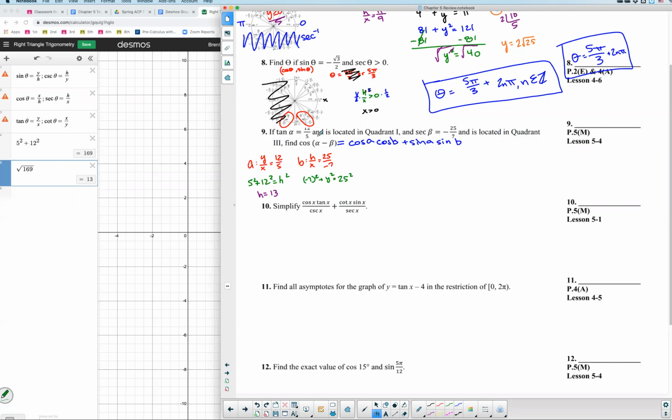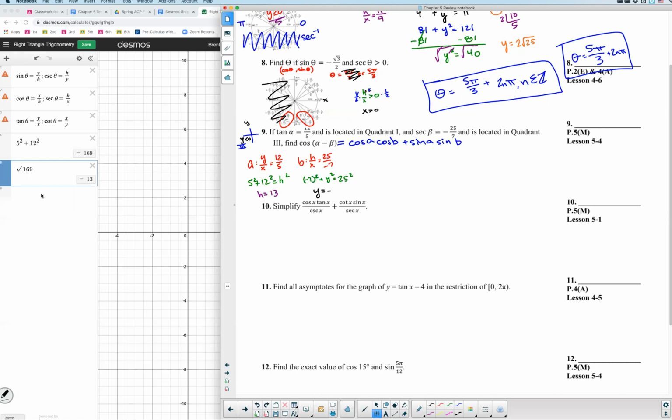This says it's located in quadrant 3. In quadrant 3, y will be negative, because it's down low. That's the y-axis, it's down low. So y is going to be less than 0. So when I solve this, we're going to get y equals some negative number.